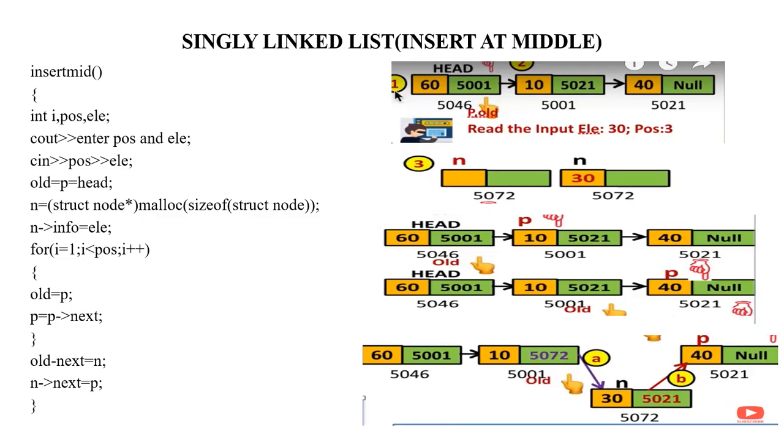So this is the exact position where I'm going to insert my data. So the new node which you have created, the address is going to be 5072. So now this 5072, I'm going to place it in the old link address. And the old link address, which was containing 5021, I'm going to place it in the new node address. So in this way, we will be able to insert the data in the middle position.